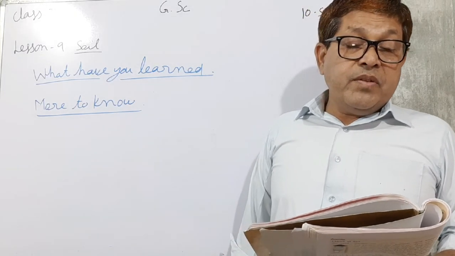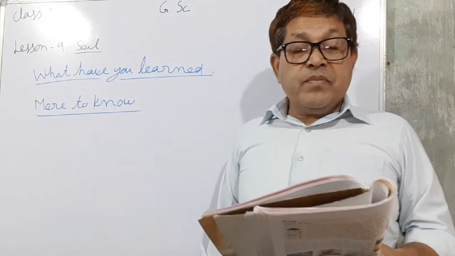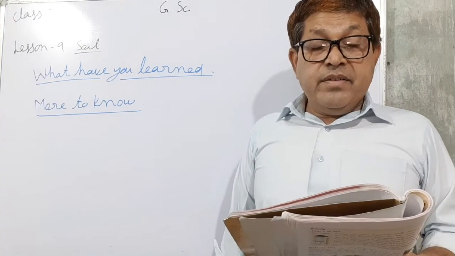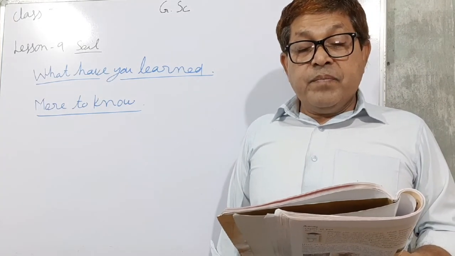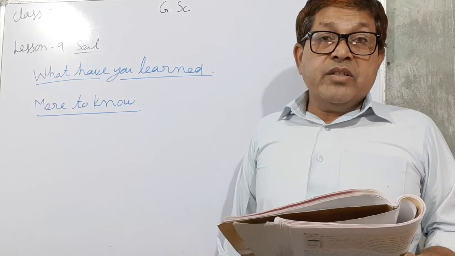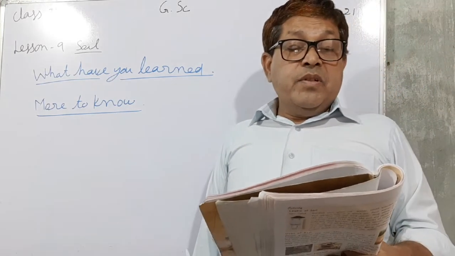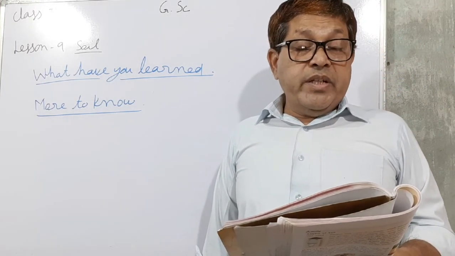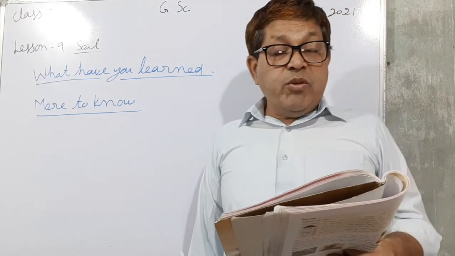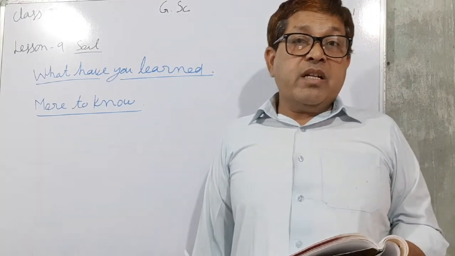Next, wearing away of soil. Wearing away of soil by wind, rain and running water is called soil erosion. So now next, protecting soil from erosion is called soil conservation.